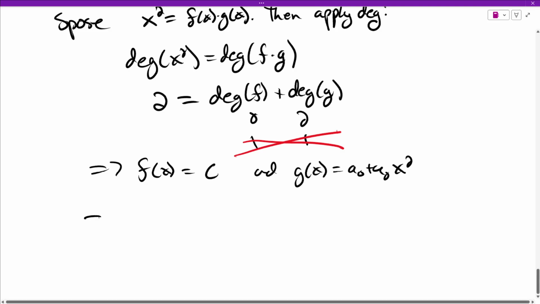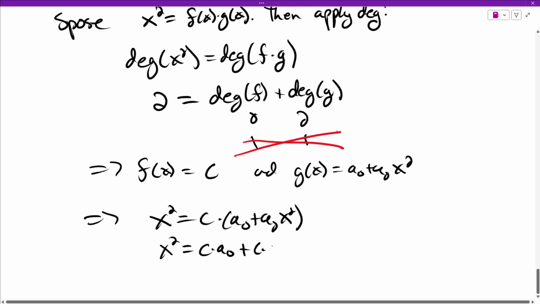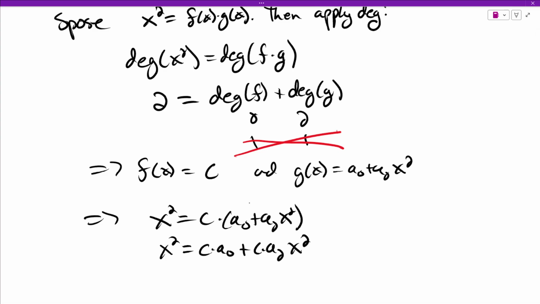So we have that x squared is equal to c, which is f, times a0 plus a2x squared. Or equivalently, x squared is c times a0 plus c times a2x squared. In particular, c can't be 0 because then the product would be 0. So c is not 0.